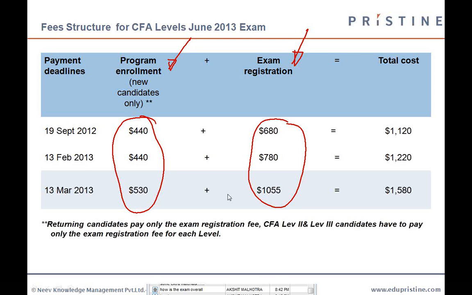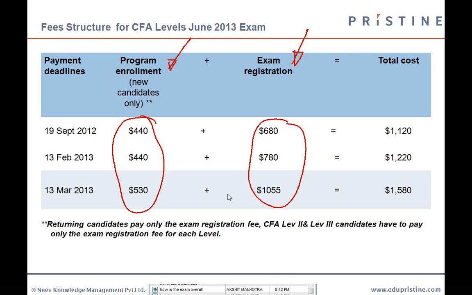Again, there is a frequently asked question: what is the expected salary after clearing level 1? As I said, level 1 by itself doesn't make you a superstar. You need to wait at least for level 2 and level 3 to get some mileage out of CFA.